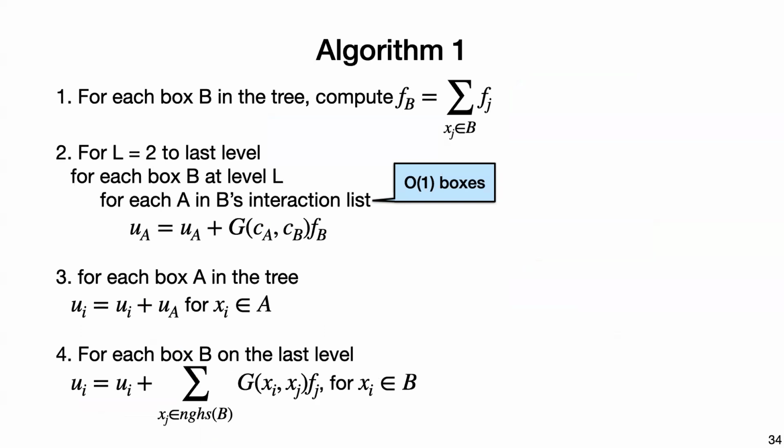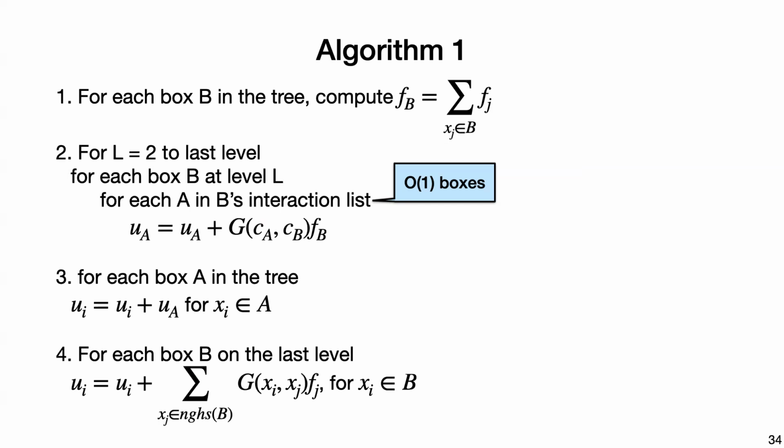And then parts 2 through 4 are new, where for every level, from 2 to the last level, and for every box in that level, for every A in that B's interaction list, you compute this three-step approximation.